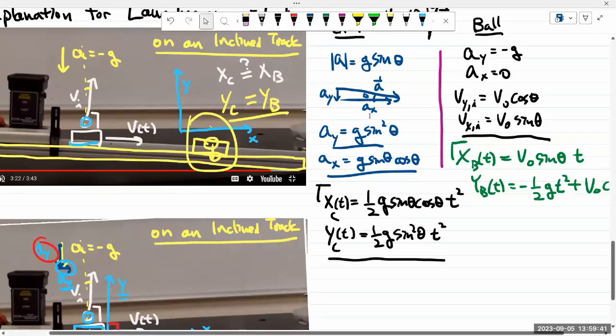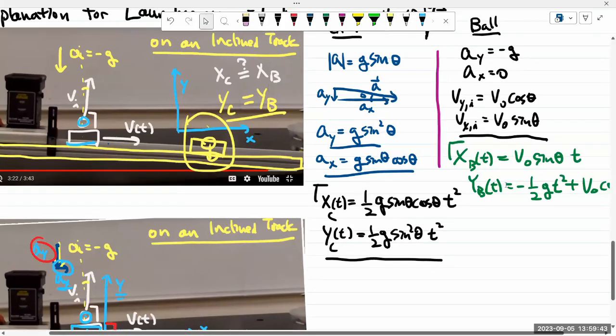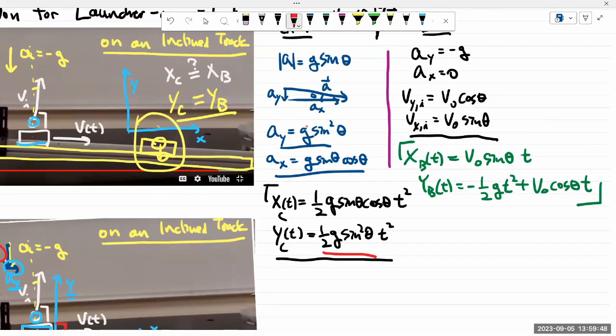So let me set up this equation first. The y position of the cart is 1/2 g sine squared theta, t squared, where t is unknown right now. That's equal to the y position of the ball, minus 1/2 gt squared plus V naught cosine theta t. Okay, I'm sighing a sigh of relief, mainly because I think I made a sign error.